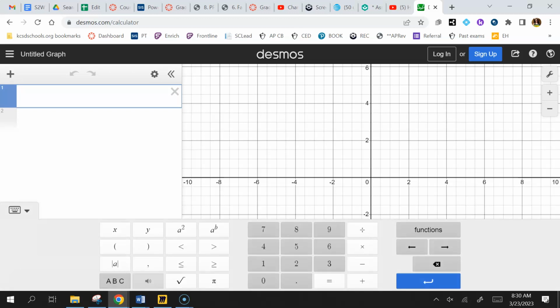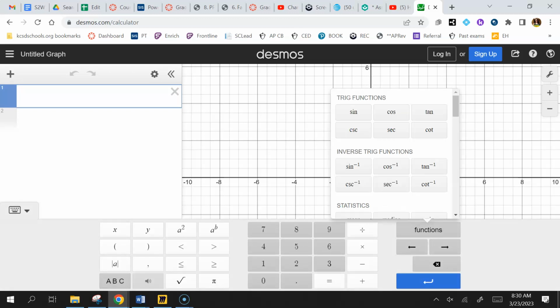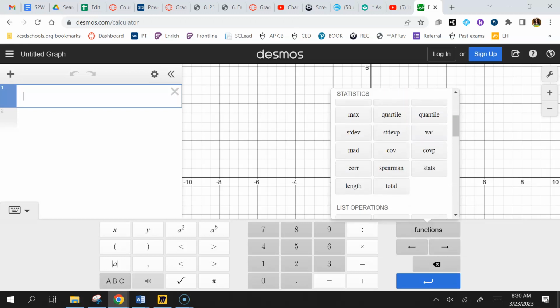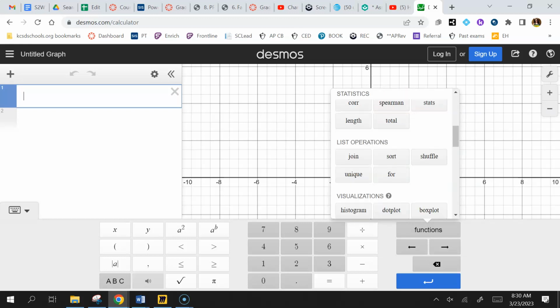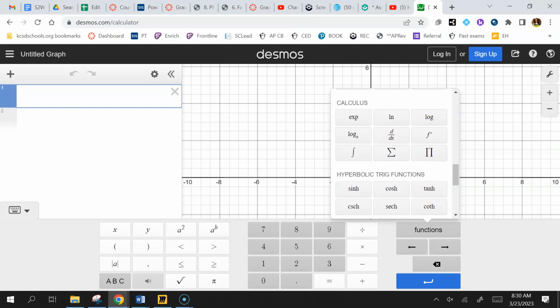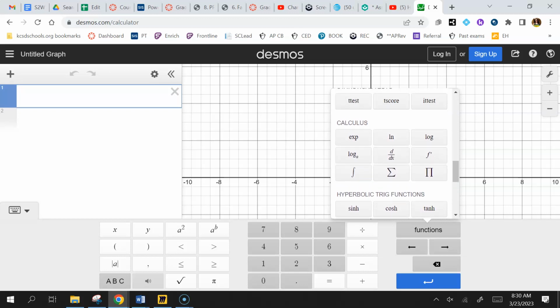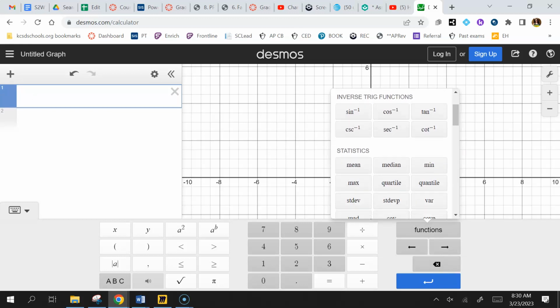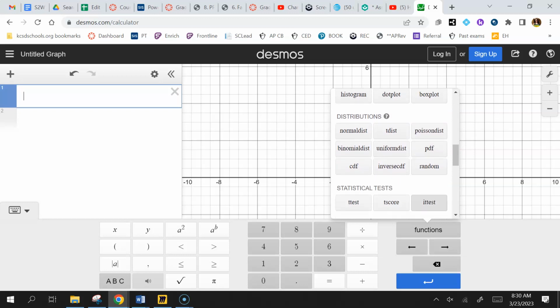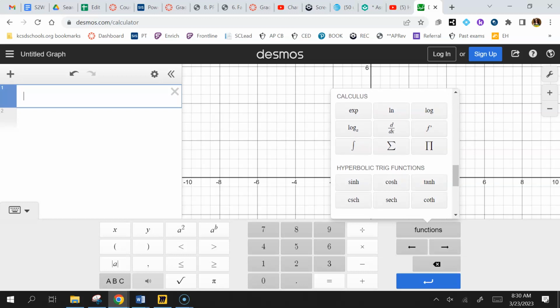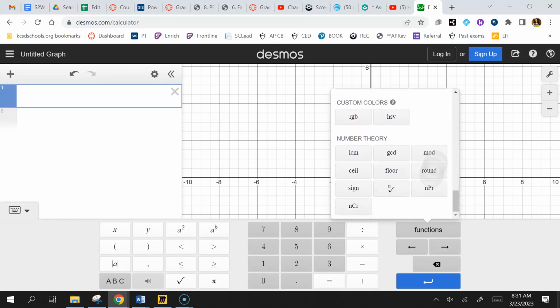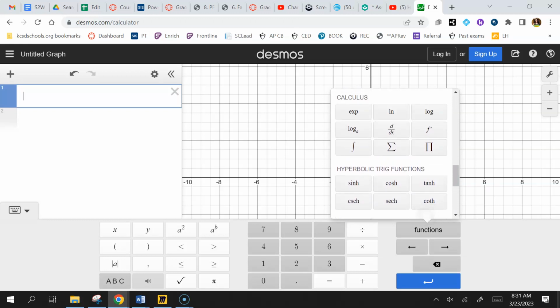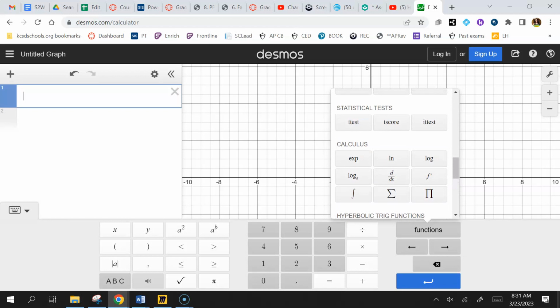E. Why do I not have an E button on here? Maybe it's EXP because it's with the logs.